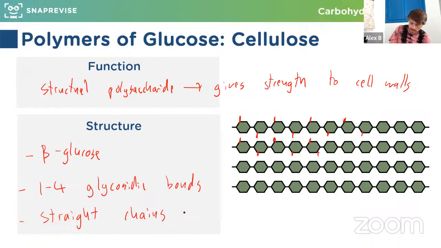These straight chains can then form hydrogen bonds between them. So you often represent hydrogen bonds with dashed or dotted lines. So this is one cellulose strand.